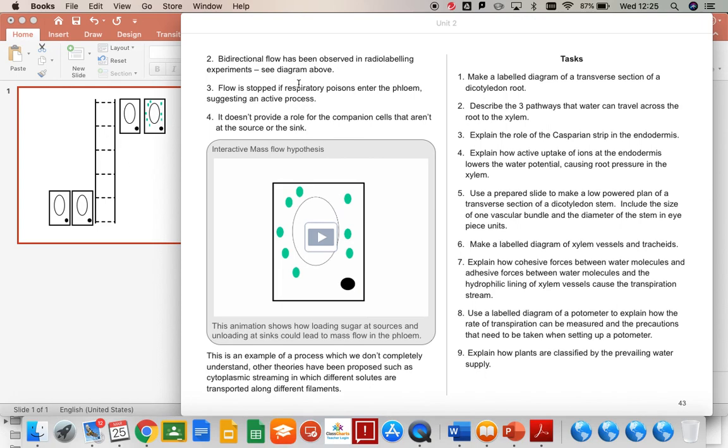So we therefore know it's got to be an active process, which we've suggested from the pumping. However, as I said, it doesn't explain a role for the companion cells that are here. If the mass flow was correct by itself, we would only need companion cells at the source where they can load in the sugars and at the sinks where they can take it out.